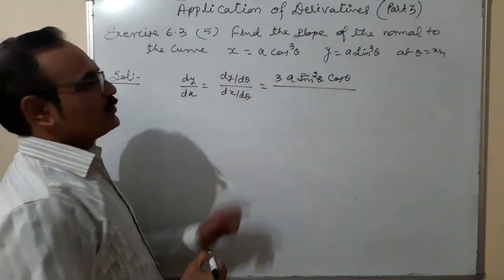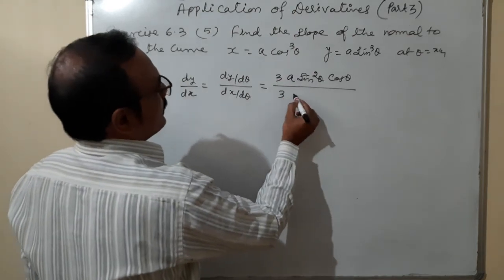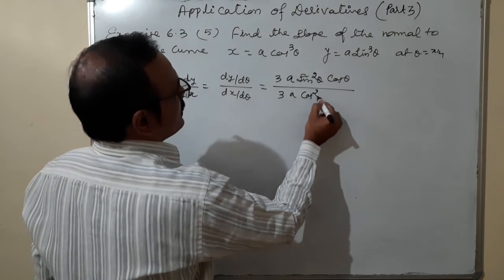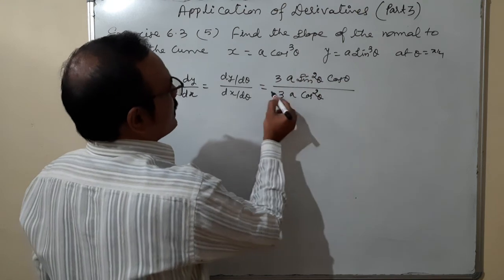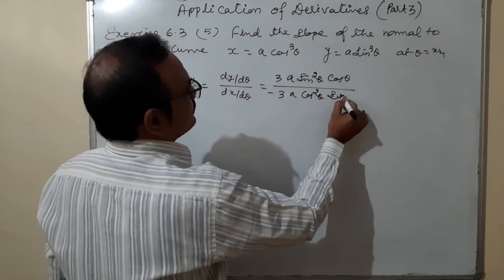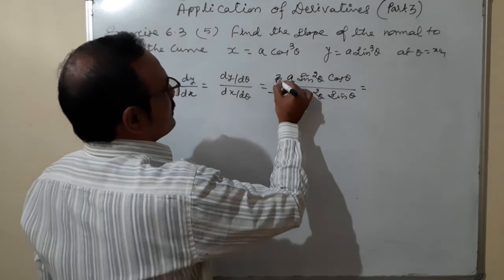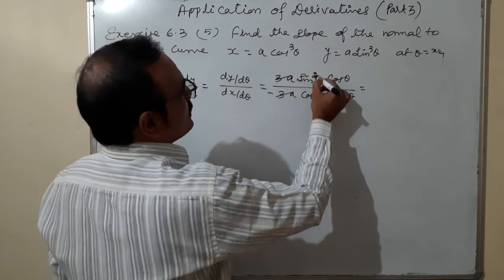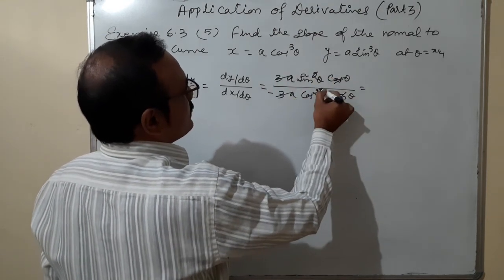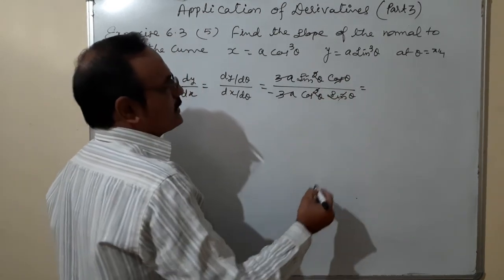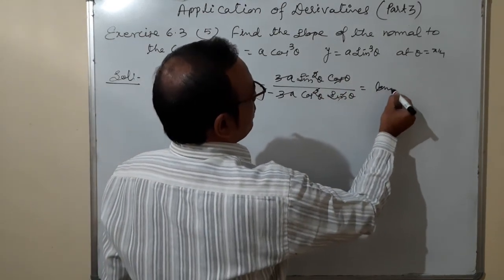X is equal to a cos cube theta: 3a cos square theta, and the differentiation of cos theta is minus sin theta. 3a cancels, sin cancels, cos cancels. So it is coming sin theta upon cos theta, tan theta.